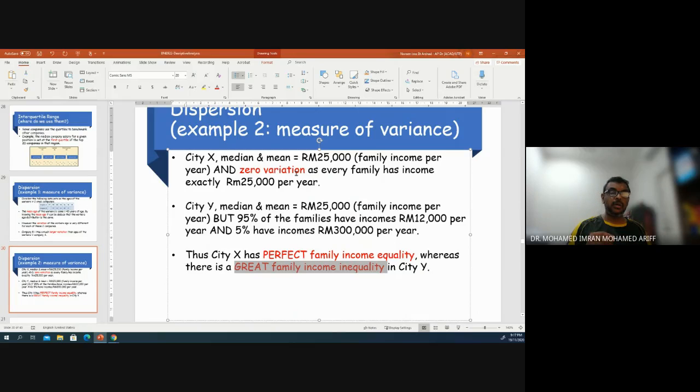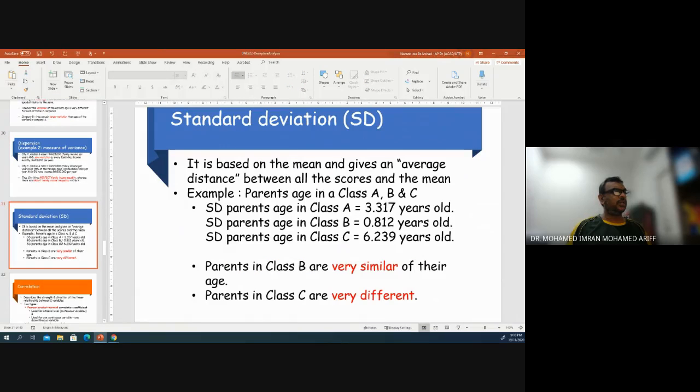Dispersion comes up. We want to find out what is the variance. Apakah yang how much it changes. Okay, how much it changes. Next, we also look at standard deviation. Okay, standard deviation bermaksud it is based on the mean purata and gives an average distance between all the spots and the mean.